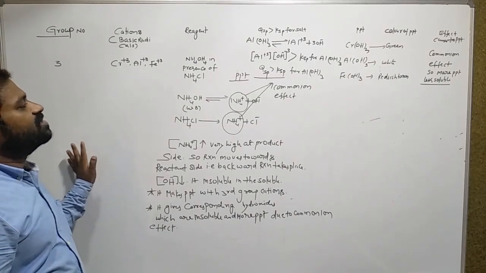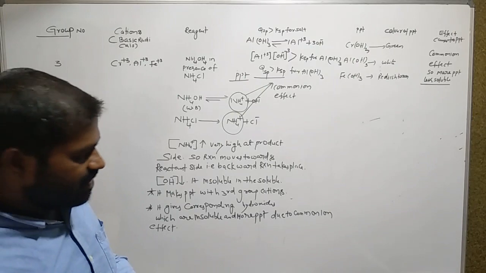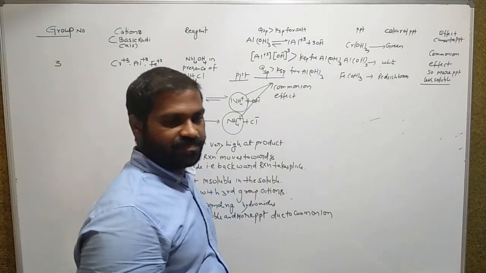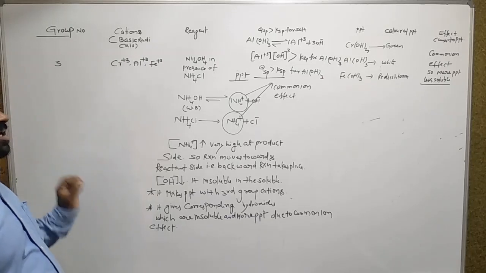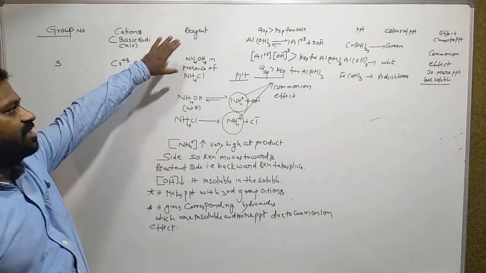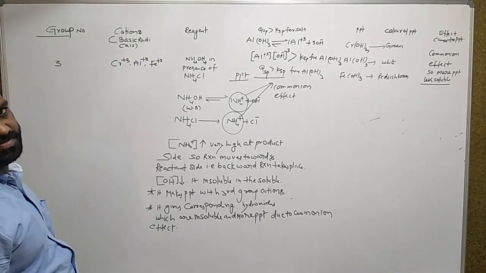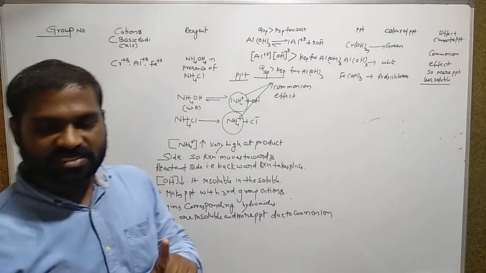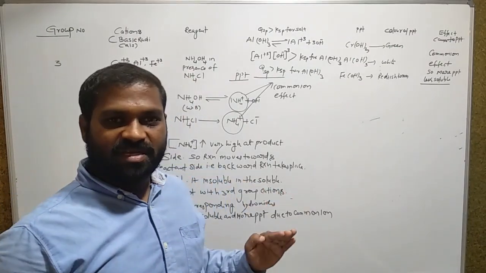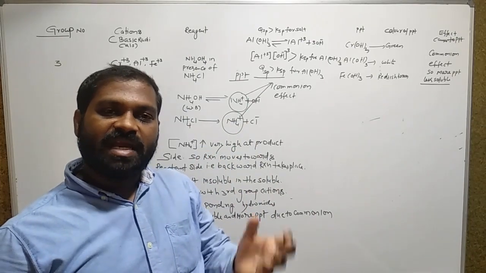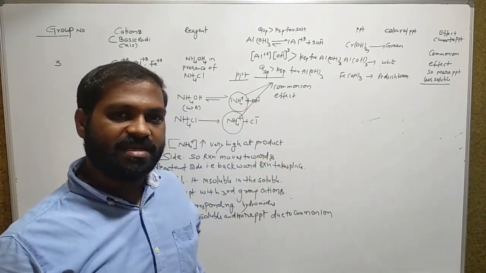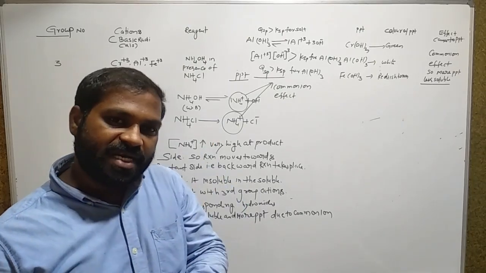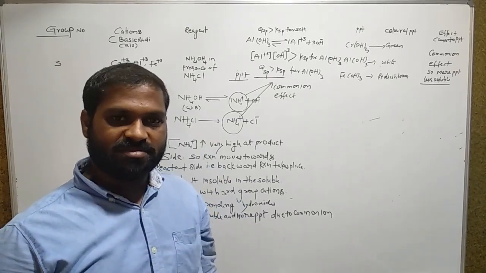So this is about third group cation. Yesterday we discussed up to here also. But here you should remember one thing. When we add these reagents in the test tube, first we go for separation of first group elements. So we filtrate, and that residue is removed. In the test tube you have filtrate, am I right? By using that filtrate we go for second group cation.